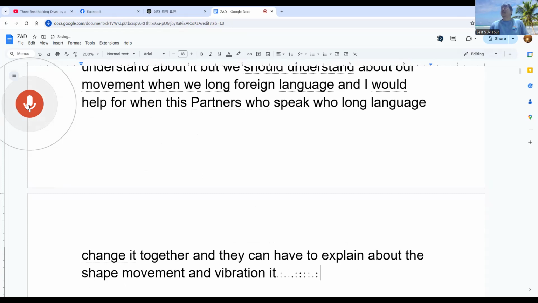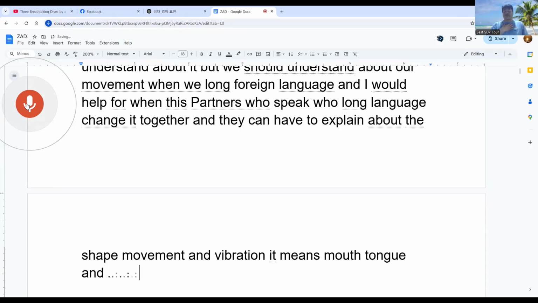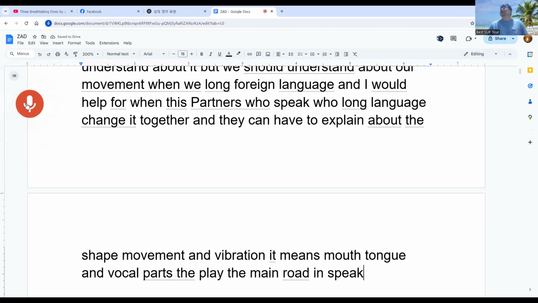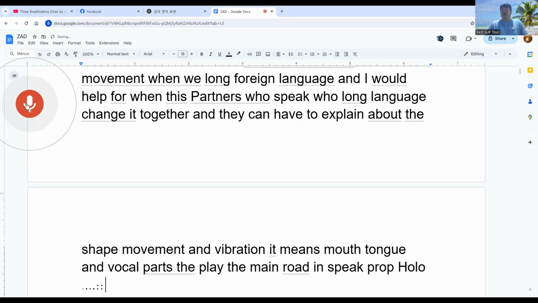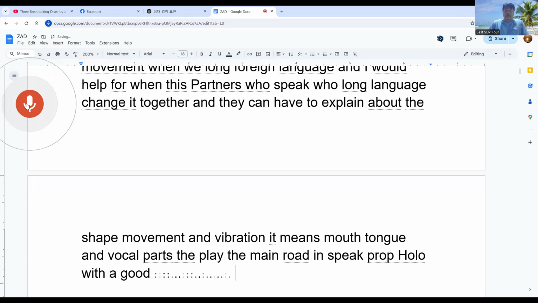It means the mouth, tongue, and vocal folds play the main role in speaking properly with good pronunciation in learning a foreign language.